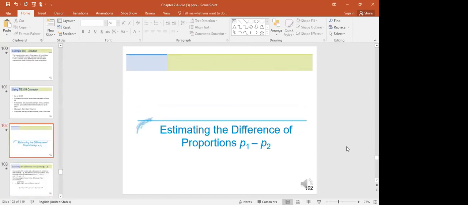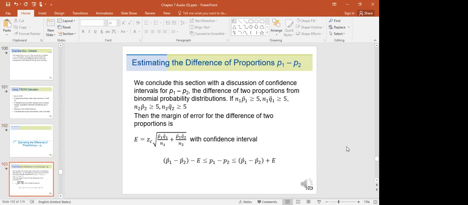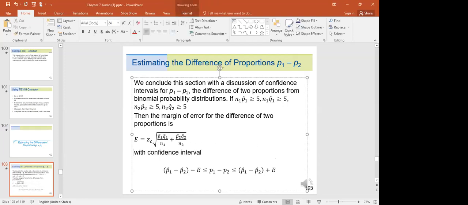So we can do the same thing for the difference of proportion. That's the last part. Here we will check if we can use the Z distribution by comparing the expectations, that is n1p1, n1q1, n2q2, n2p2, and all must be greater than or equal to 5 for us to be able to use the Z distribution to compute the margin of error that you can see here.